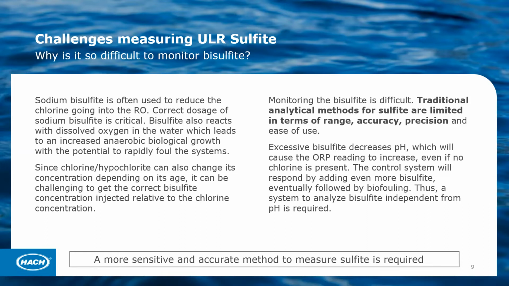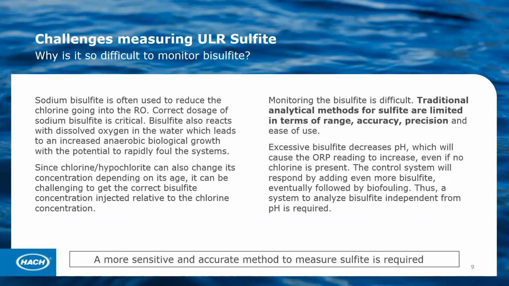The other method is, of course, using a chemical means of dechlorination, in which case sodium bisulfite is typically the most common reductant agent that we would see being added to the feed water to remove chlorine through chemical means.